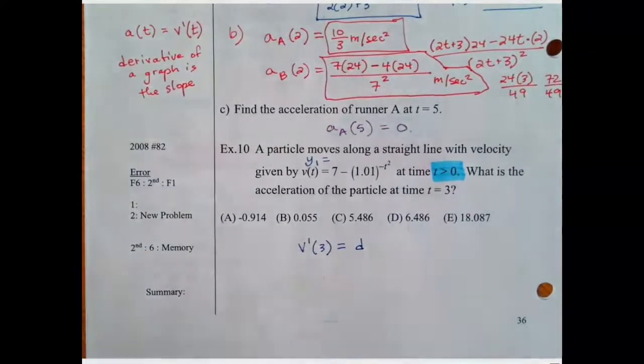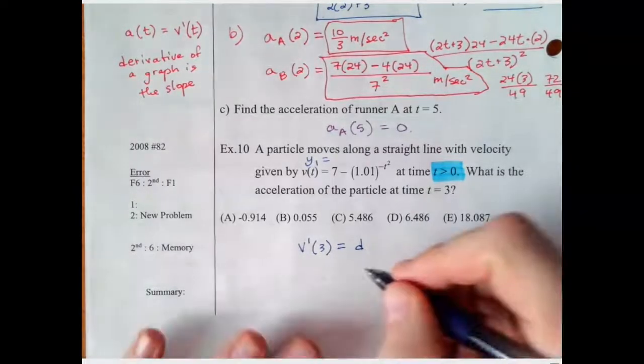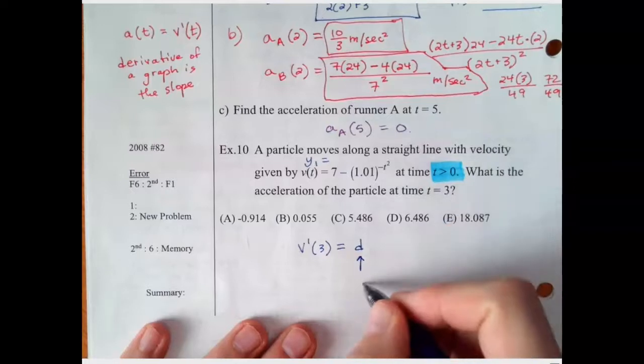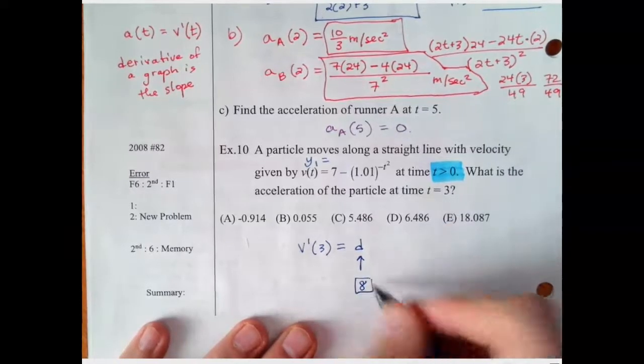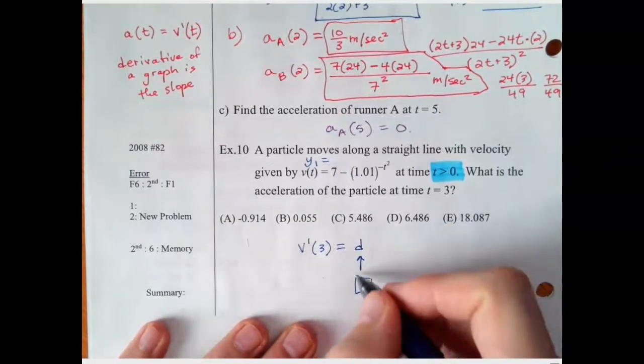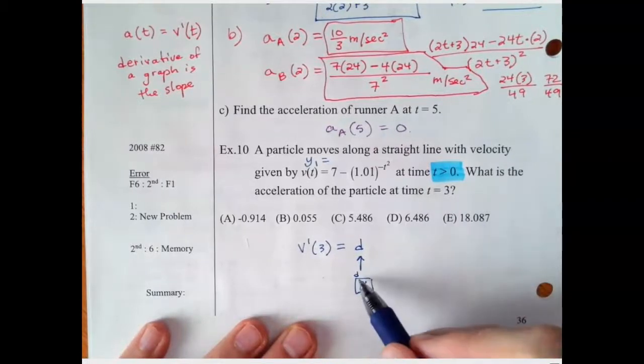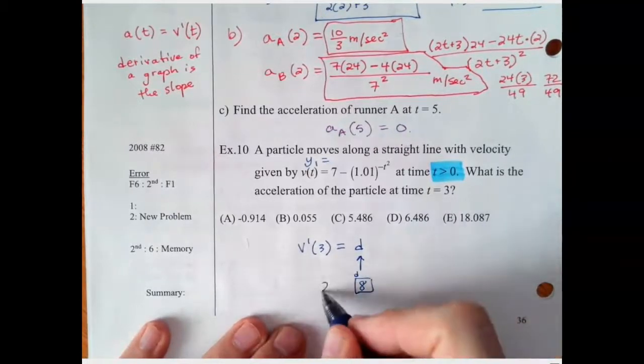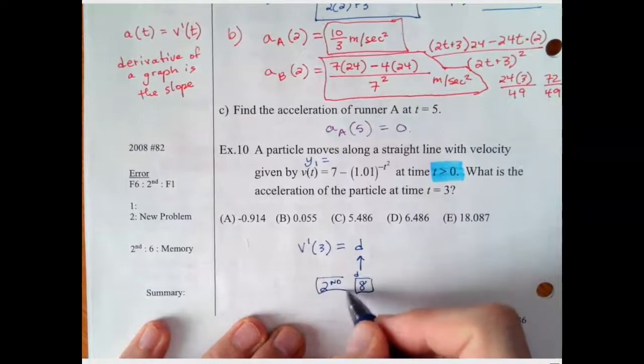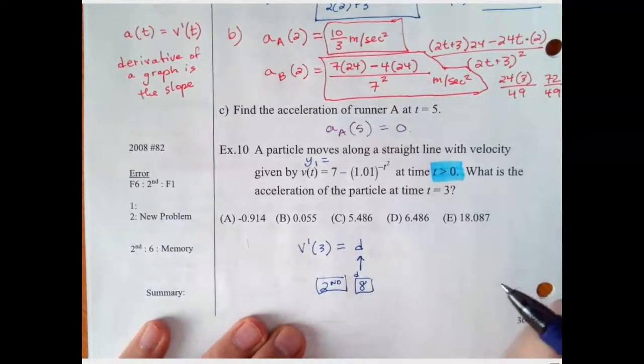Actually, I just thought of a third, but the main way is that there's a little blue D above the 8. So above the number 8, over here on the left, there's a little D. So that stands for the derivative. So you'd hit second 8, and that'll give you the derivative.